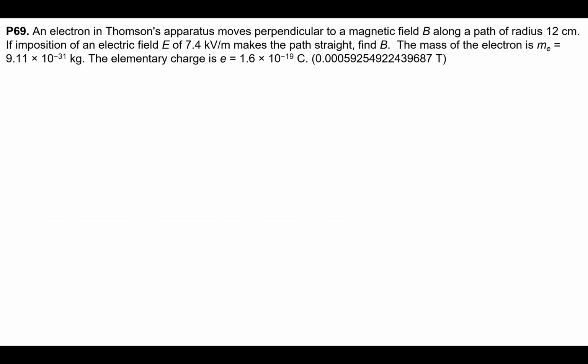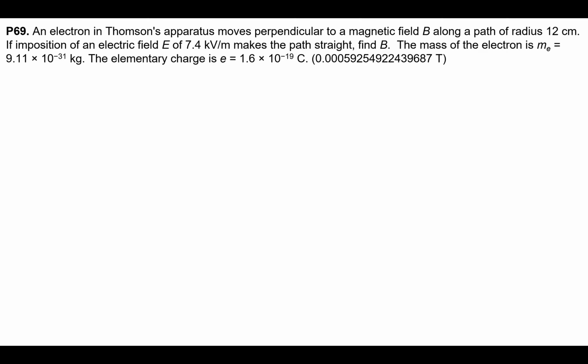An electron in Thomson's apparatus moves perpendicular to a magnetic field B along a path of radius 20 centimeters. If imposition of an electric field makes the path straight, find B. The mass of the electron is this.